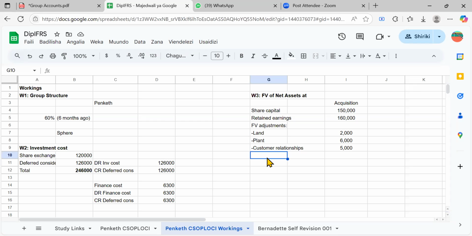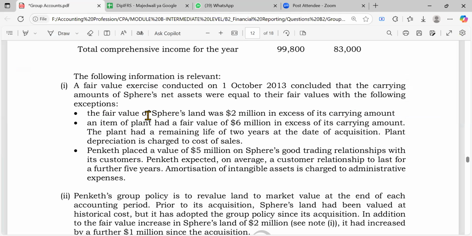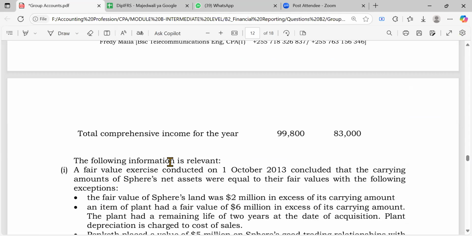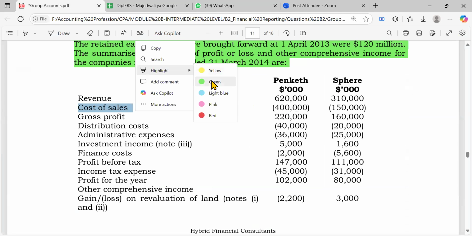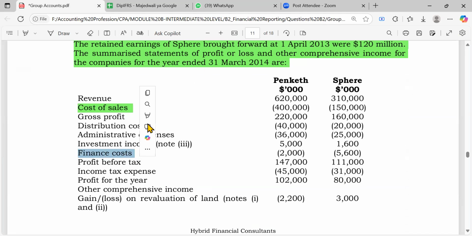We go for the amortization, right? And the amortization, as you have been told, is part of the admin expenses, right? So we could just come and say here, we have already dealt with this cost of sales figure, right? We have dealt with the finance cost figure, so you no longer worry about it.